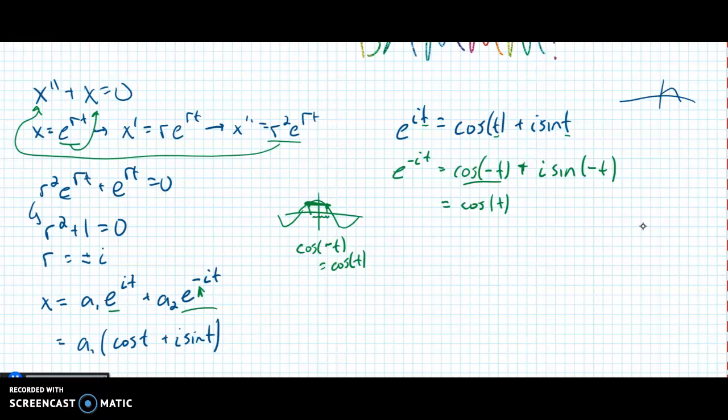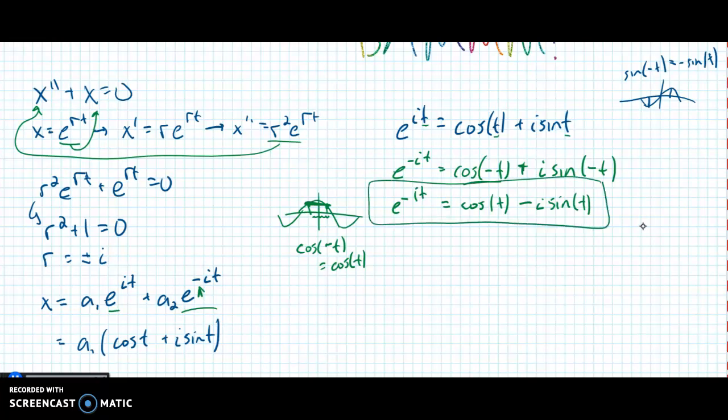So what it means is that if I've got a piece out here and a piece the same way back, they've got opposite heights. So that means that sine of negative t is the same as negative sine of t. So what I can do with this guy is write minus i times sine of t. So that's what e to the negative it is. And if you had like e to the negative 5it, it'd be cosine of 5t minus i sine of 5t.